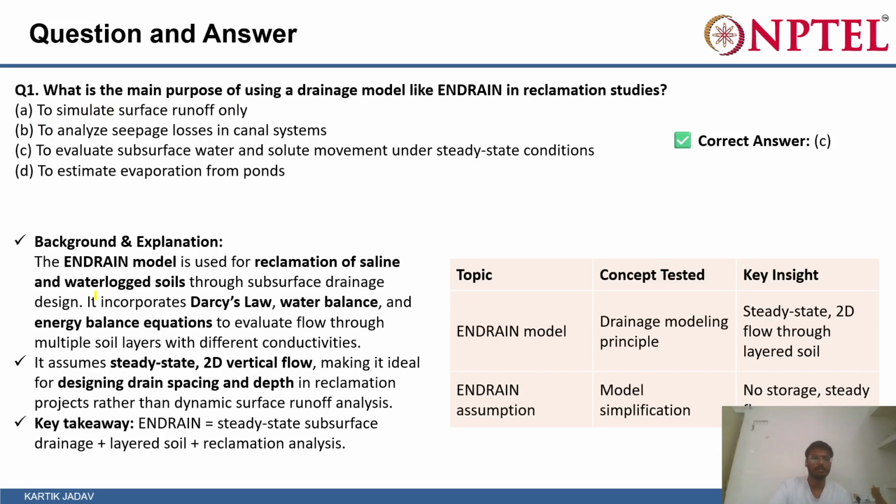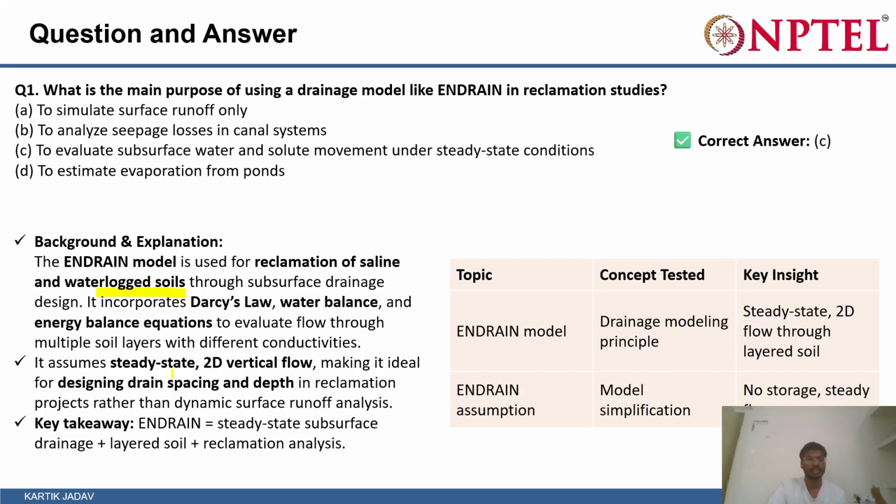We know that the EnDrain model is used for reclamation of saline and waterlogged soil through subsurface drainage design, and it incorporates Darcy's law, water balance, and energy balance equations, where it models flow through multiple soil layers with different conductivity.